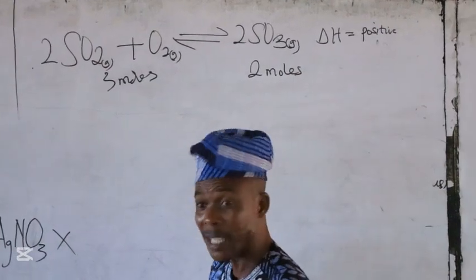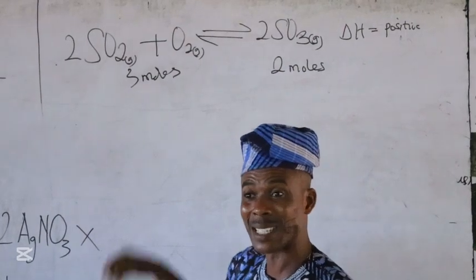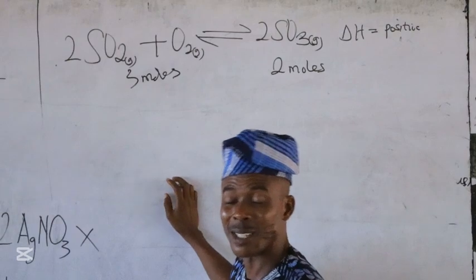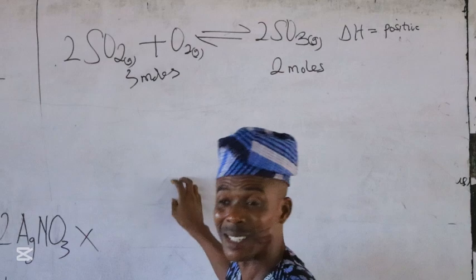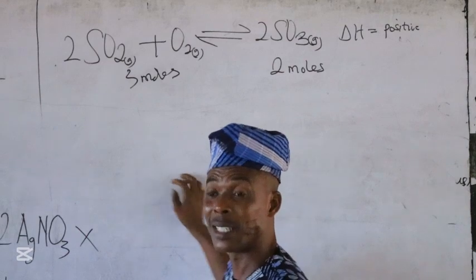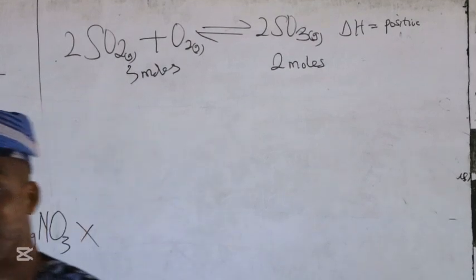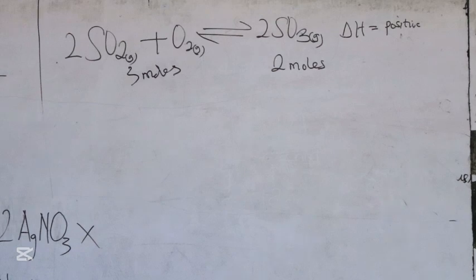Increase in pressure favors the side where there is a decrease in the number of moles. Decrease in pressure favors the side where there is an increase in the number of moles. Where do you want to move to?